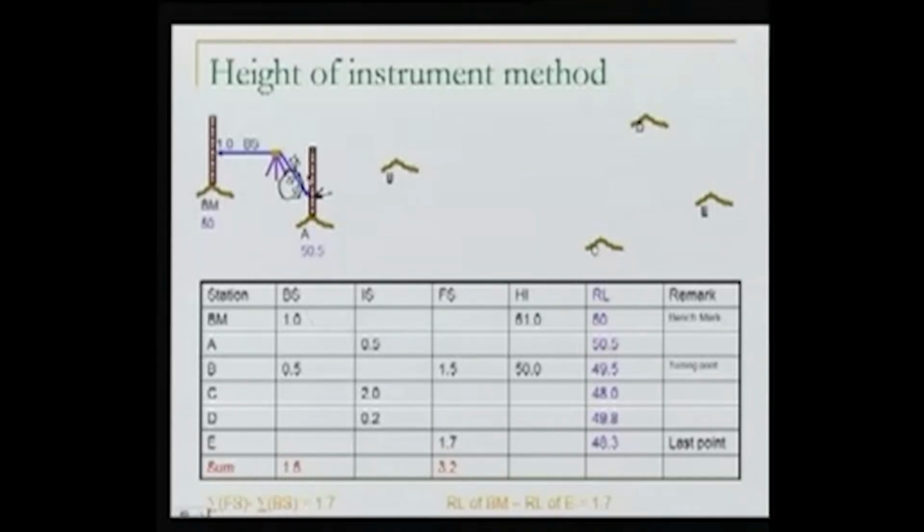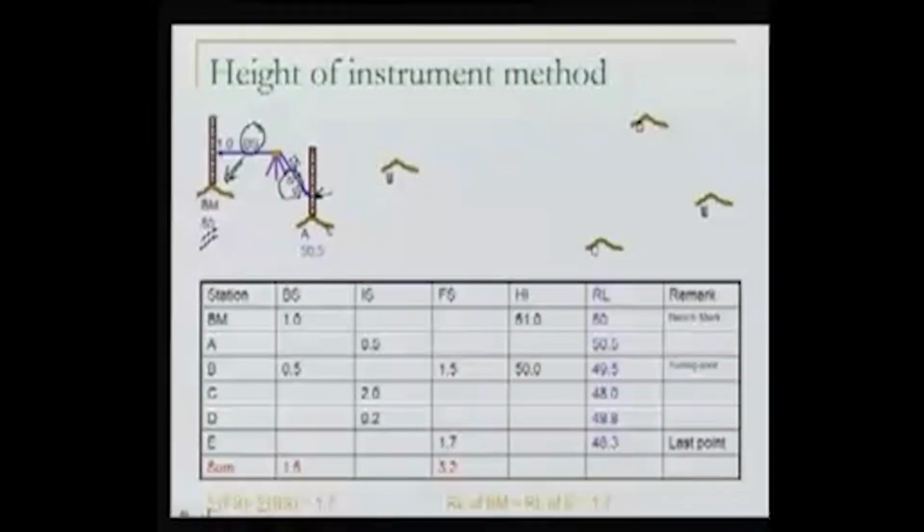We already know the meaning of foresight and backsight. We take the backsight to a point for which we know the RL. We take the foresight to a point where we want to end one particular link of the loop.